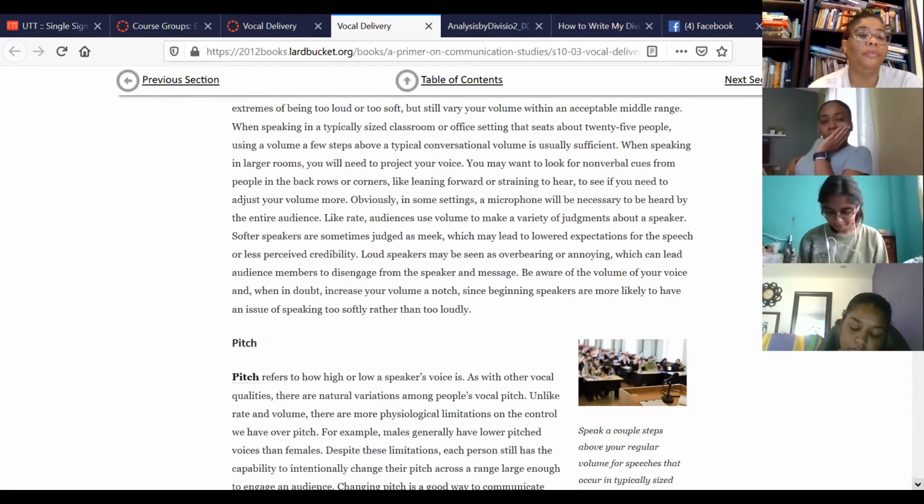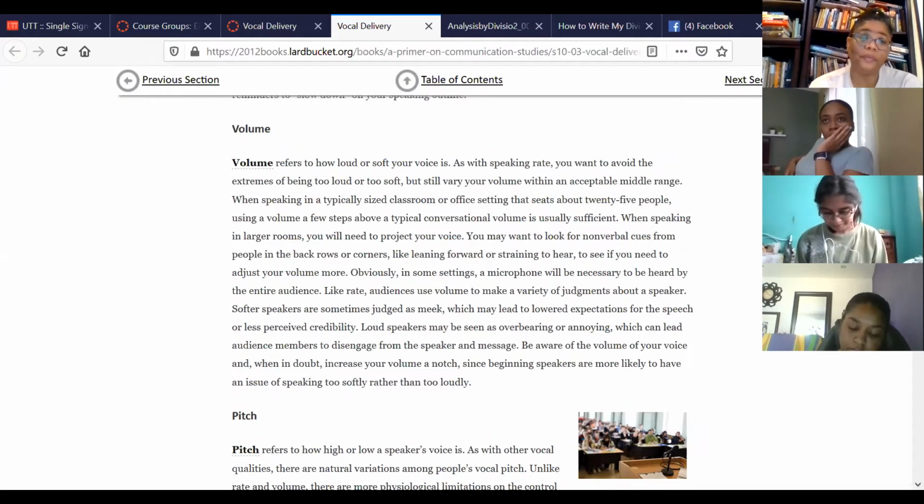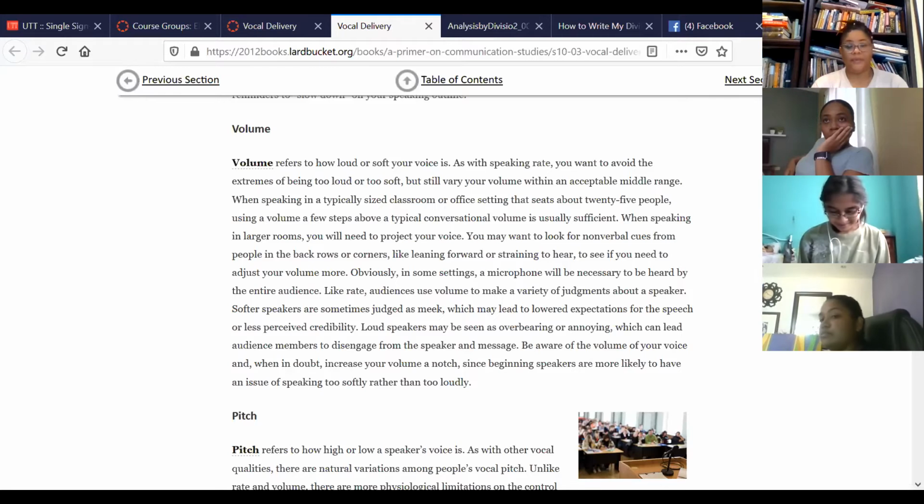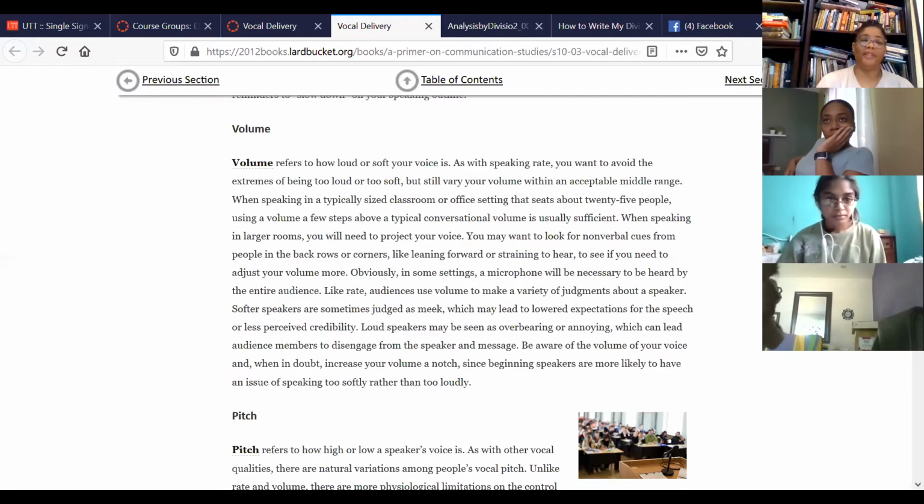Volume is, of course, your volume. And so in giving a speech, formal, informal, it doesn't matter, we play around with the volume to emphasize or de-emphasize, right?